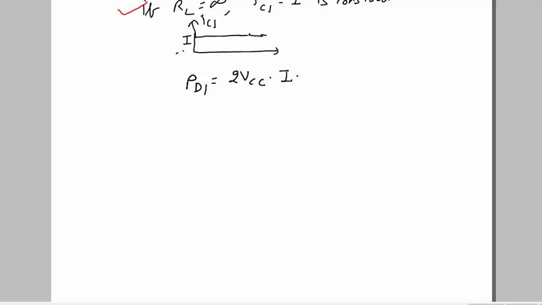Now what will be the average value? Based on this information, if I draw the diagram for power dissipation PD1, the diagram will be like this.